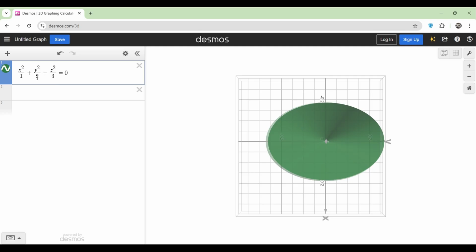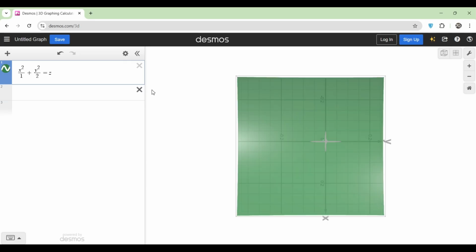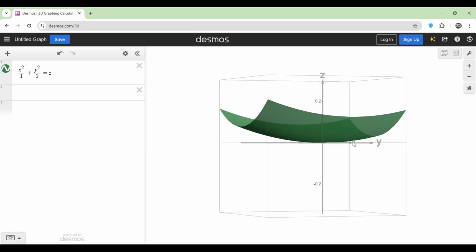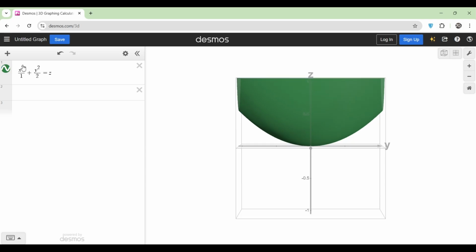So for elliptic paraboloid, this one is quite different from the ones we've seen so far, because instead of z squared, it's going to be just z now. So as we can see here, there's no negative z value because x squared plus y squared is always going to be a positive number, so z cannot be a negative number here.